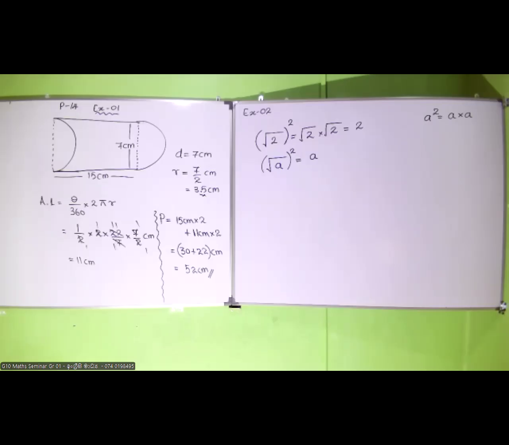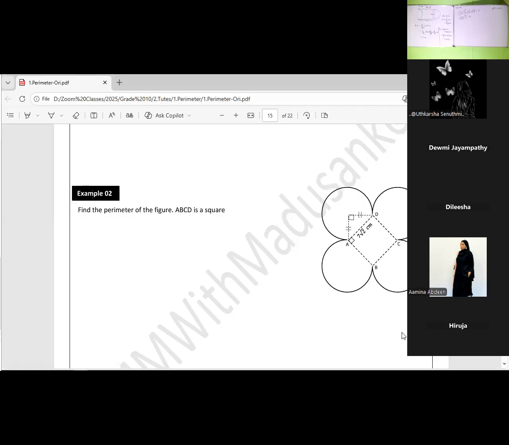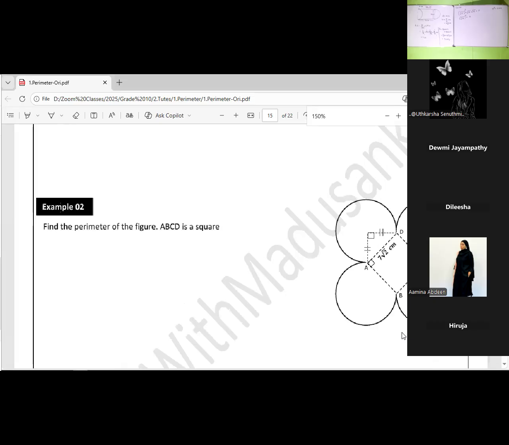I am not going to give you much more help for this one, but I will give you another hint. If you look here, you can see a right angle triangle like this, and these lengths are equal. The hypotenuse length is 7 times square root 2.